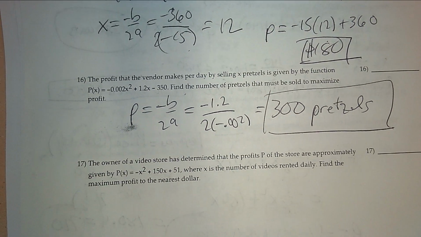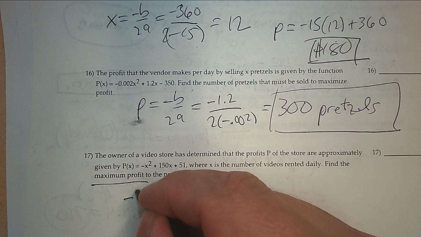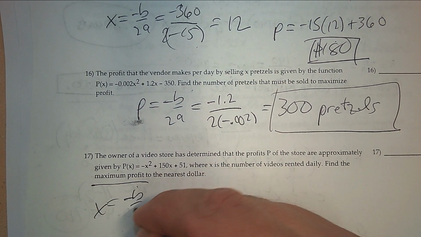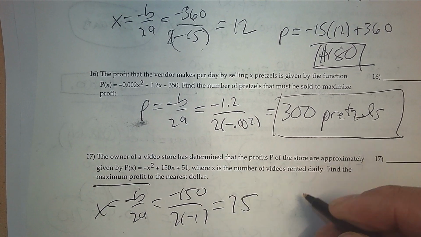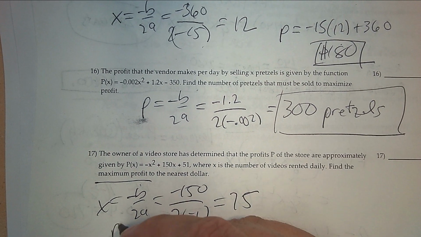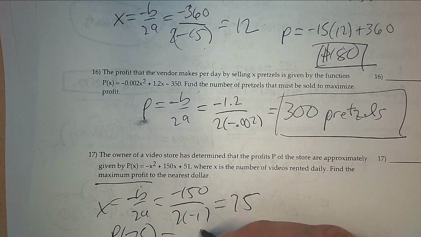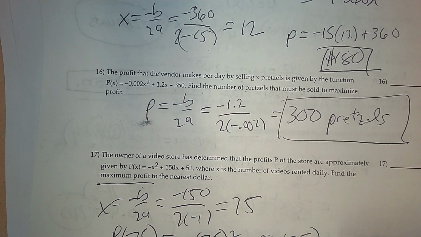17, same thing. Find the maximum profit. So again, it's going to be negative b over 2a. So that's 75. Now 75 tells you the number of videos, but I want to know the profit. So then I got to plug 75 back into the equation to figure out the profit.